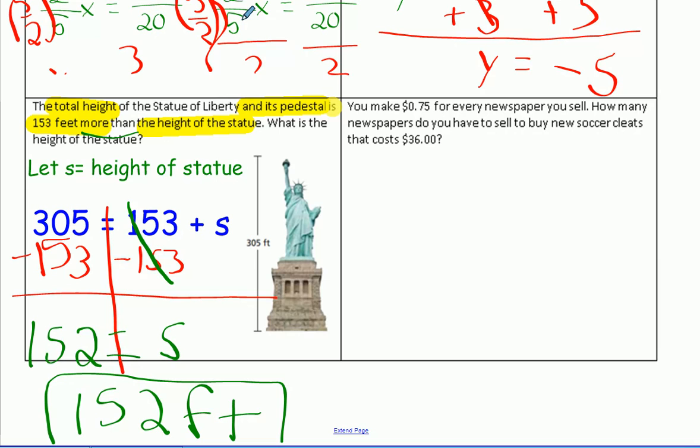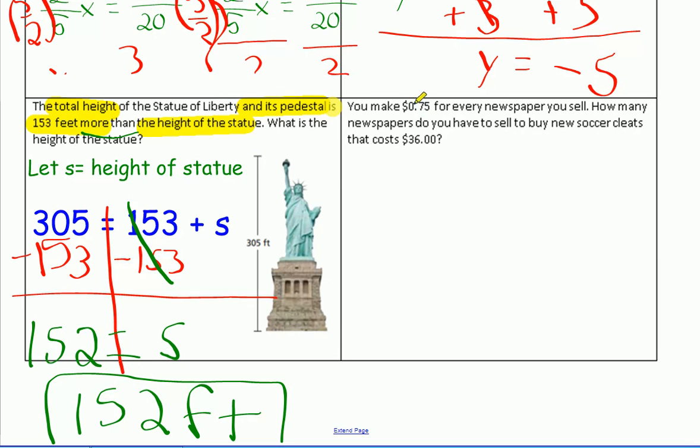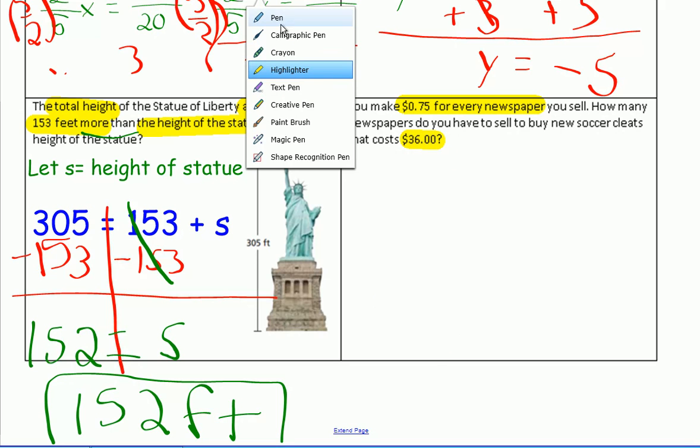All right. So now, last one. You make 75 cents for every newspaper you sell. How many newspapers do you have to sell to buy new soccer cleats that cost $36? Interesting.